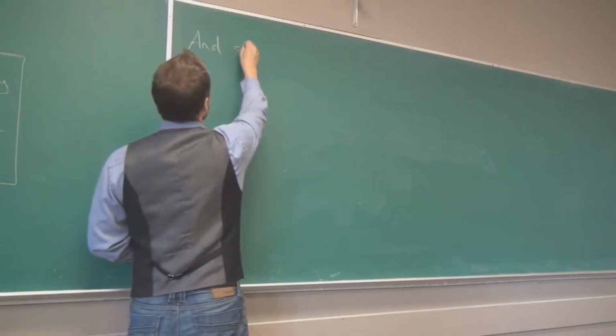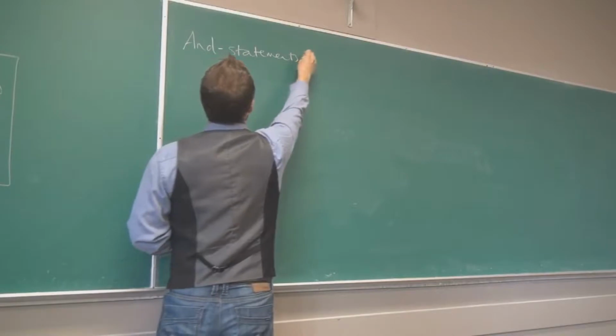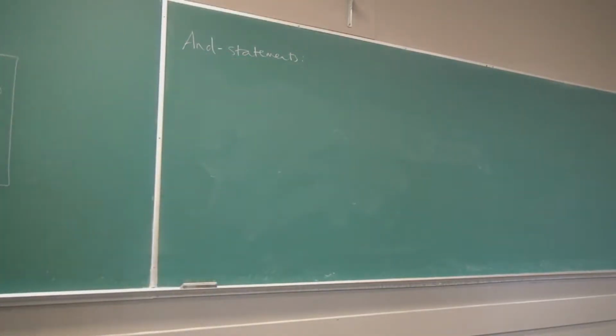"And" statements. We have to understand what that "and" word is doing in determining when the whole sentence is true and when it is false. So let's suppose I have two things in my hand and I'm making an "and" statement.